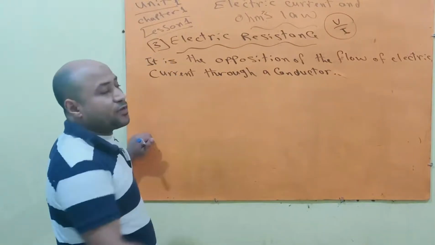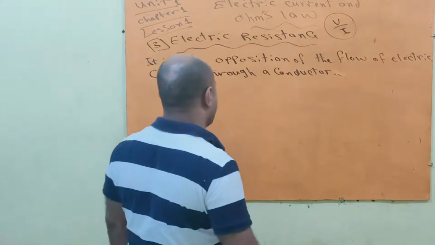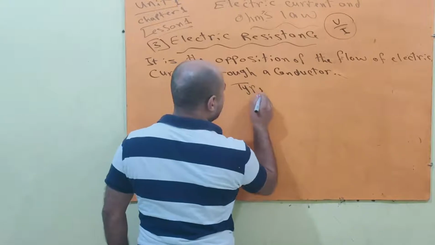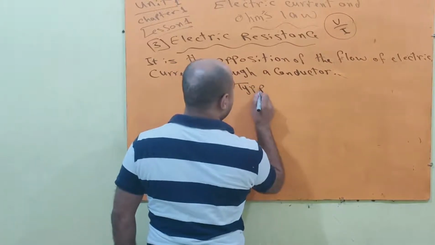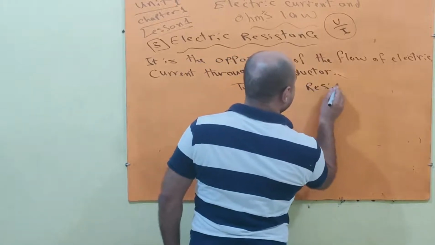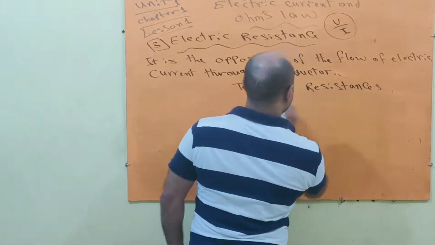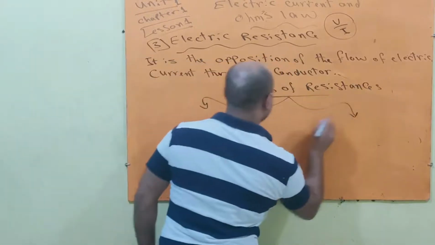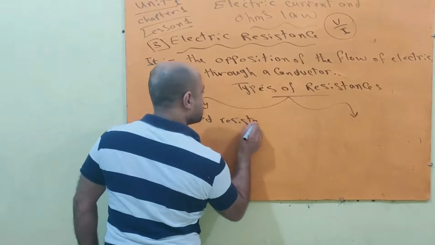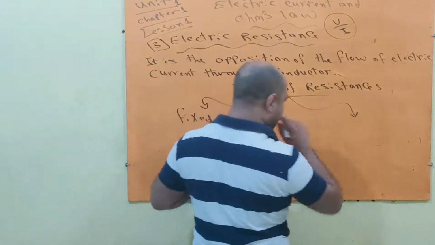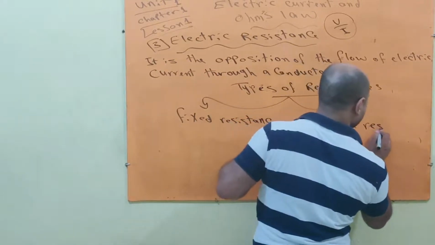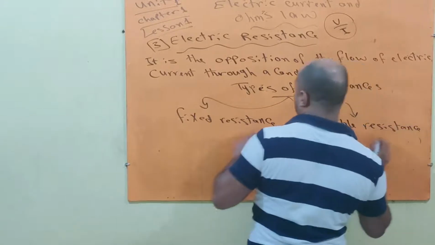Okay, there are two types of resistance: fixed resistance or variable resistance. مقاومة ثابتة ومقاومة متغيرة.